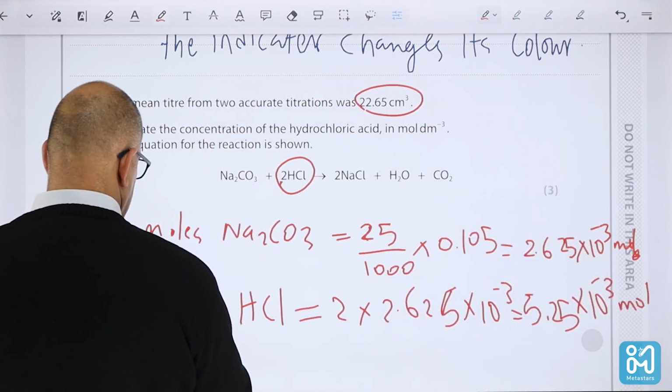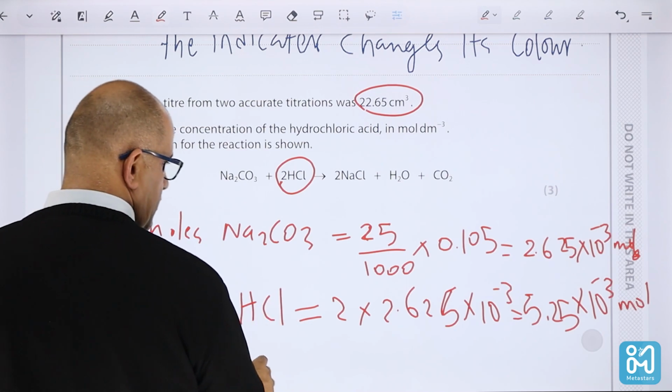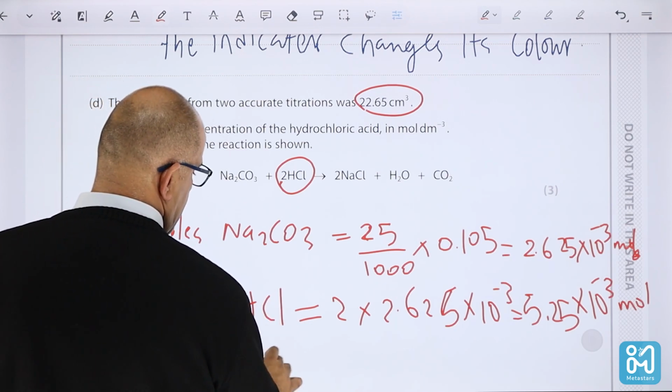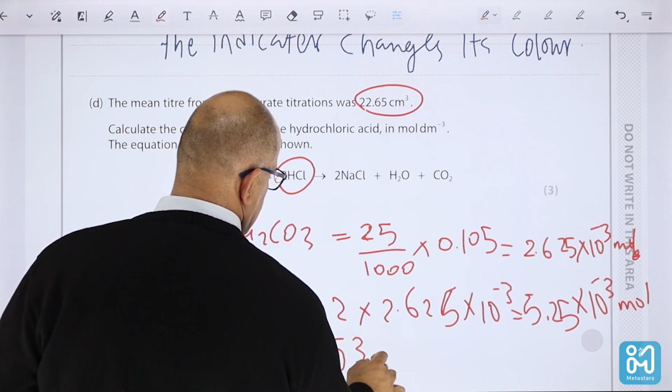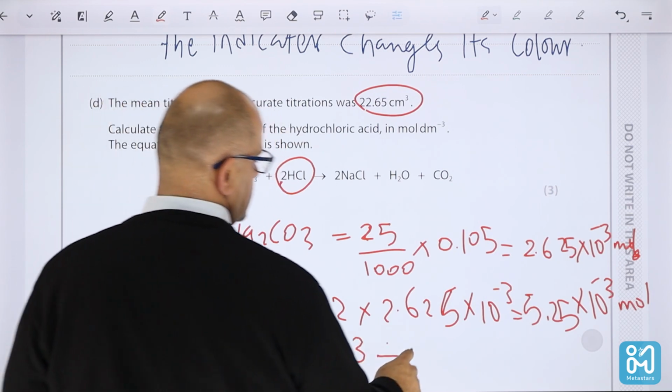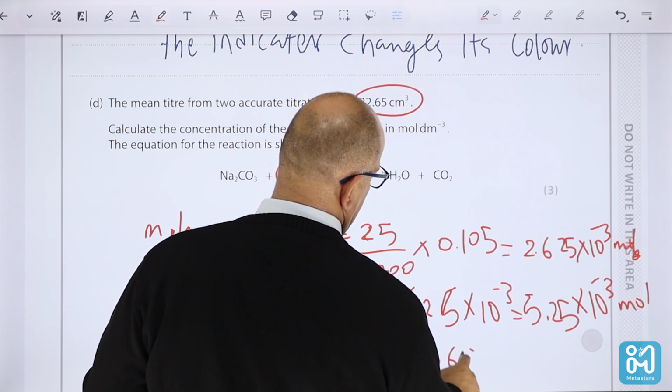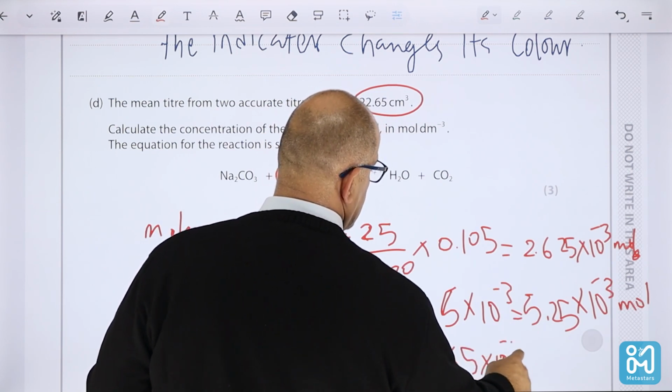The concentration is 5.25 times 10 to the power negative 3 divided over the volume, 22.65 times 10 to the power negative 3.